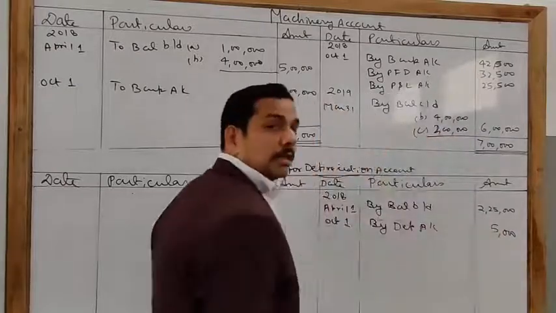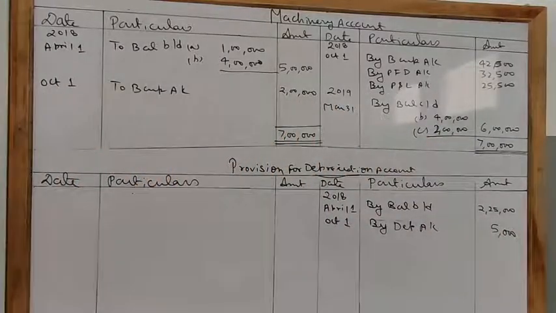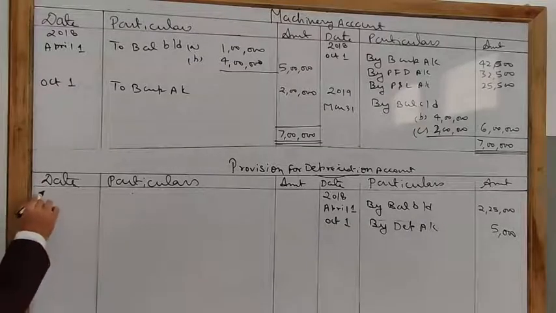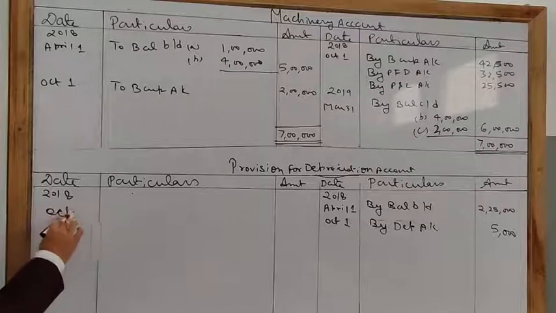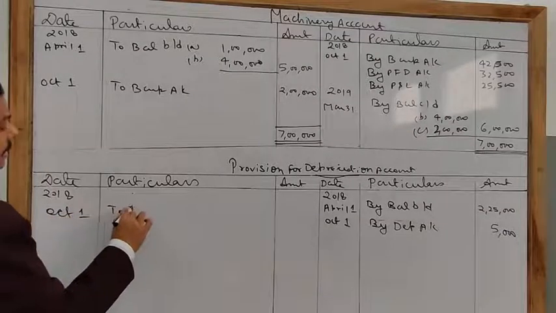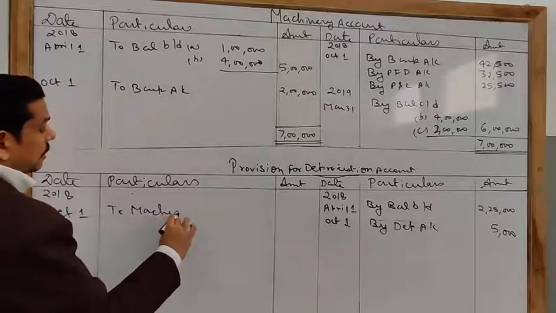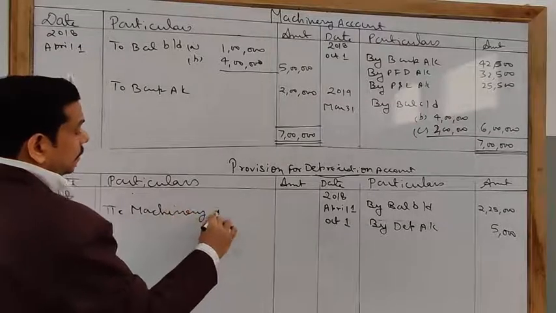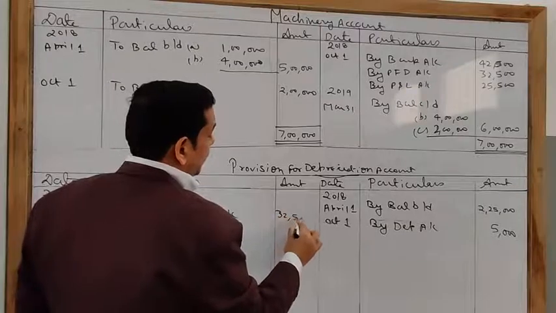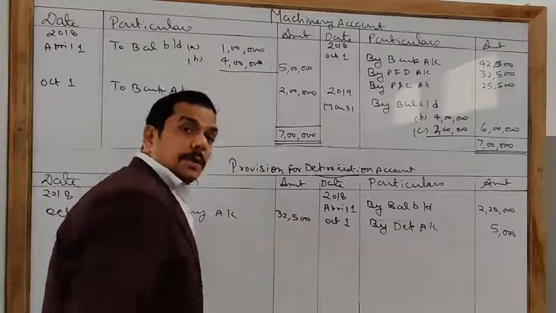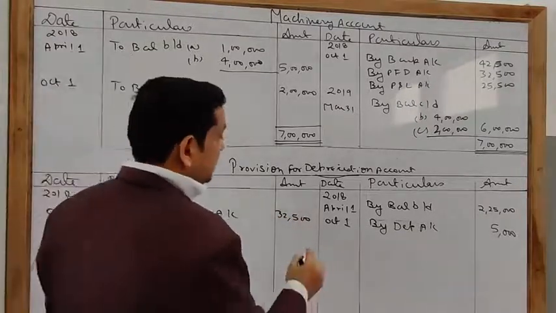Clear? Now the total depreciation will be transferred to machinery account from July 15 to October 18. So 2018 October 1 to machinery account. What is the total PFD? 32,500. Clear? Now next year we will provide depreciation.